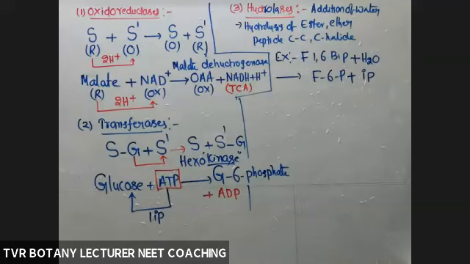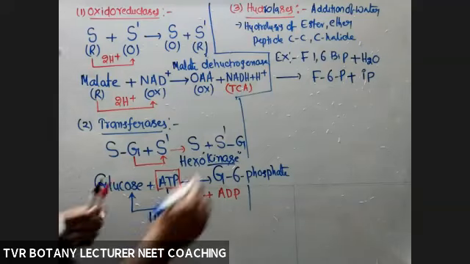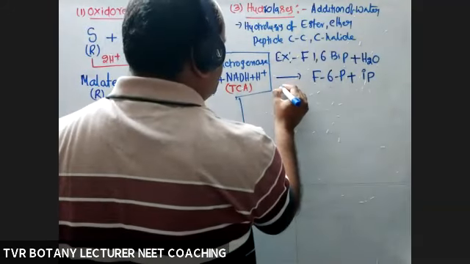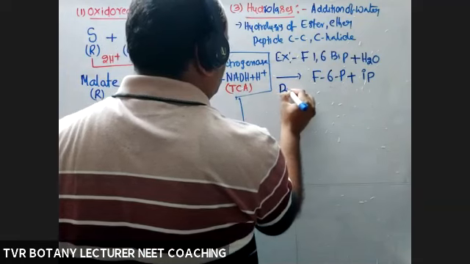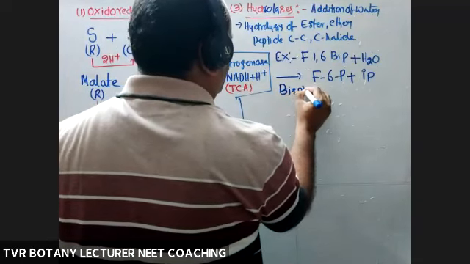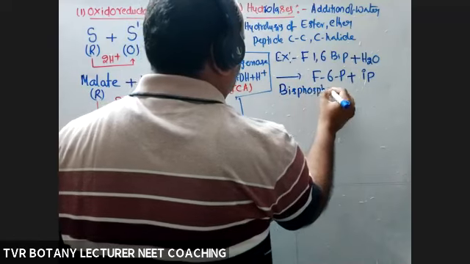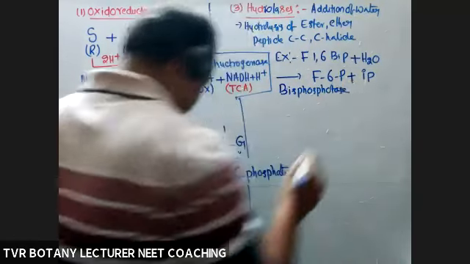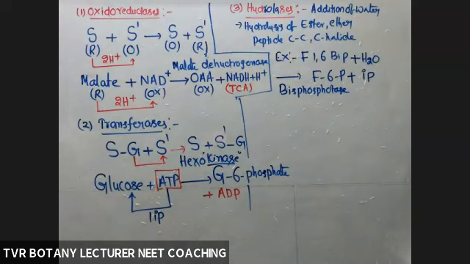The enzyme required is a bisphosphatase, fructose 1,6 bisphosphatase. So hydrolases are able to cause hydrolysis of bonds by the addition of water molecule. Okay. Fourth class, lyases.